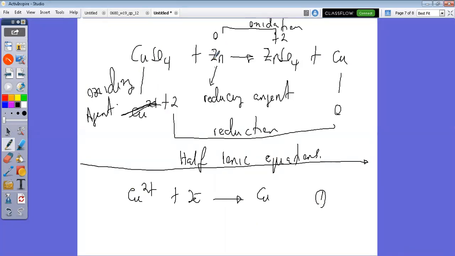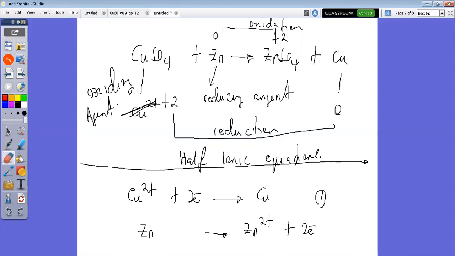Think of this zinc metal. It has to lose 2 electrons. So in chemistry, in your books, you never see this. It's minus 2 electrons because it's losing 2 electrons to copper 2 plus. But they move this so that it's a plus 2. That's the convention. In your books they don't like this convention, but it's correct.